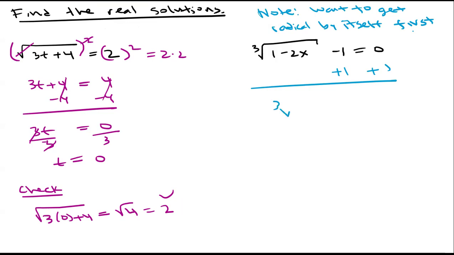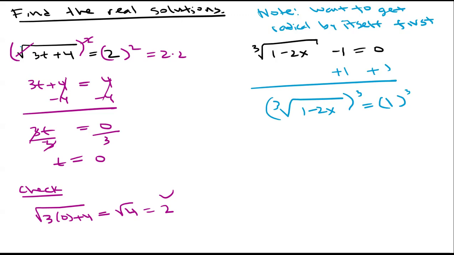So we have the cubic root of 1 minus 2x equals 1. Okay? So I have a cubic root. Here we had a square root. So in order to get rid of the cubic root, we raise both sides to a power of 3, just how we got rid of the square root by squaring it.